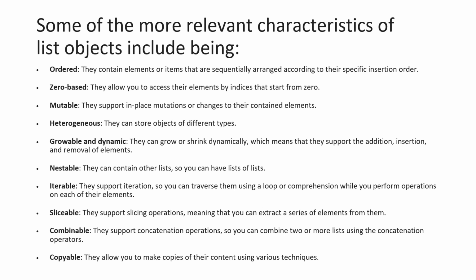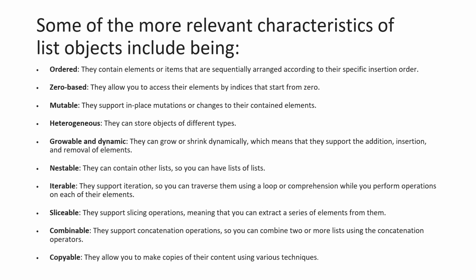Global and dynamic: they can grow or shrink dynamically, which means that they support the addition, insertion, and removal of elements. Nestable: they can contain other lists, so you can have a list of lists. Iterable: they support iteration, so you can traverse them using a loop or comprehension while you perform operations on each of their elements.